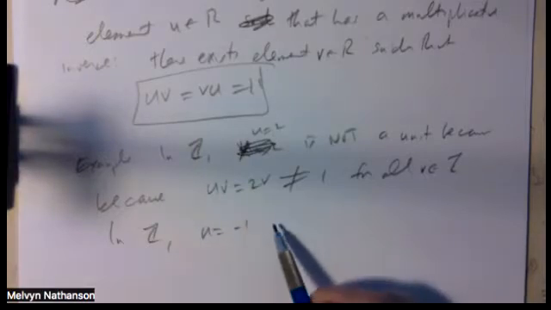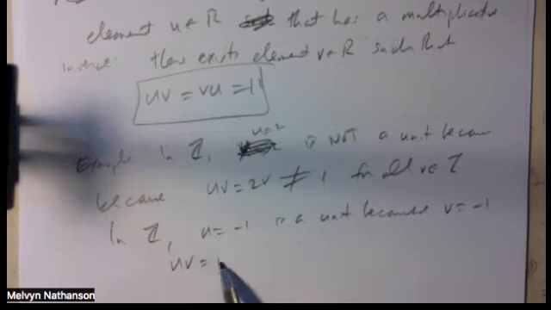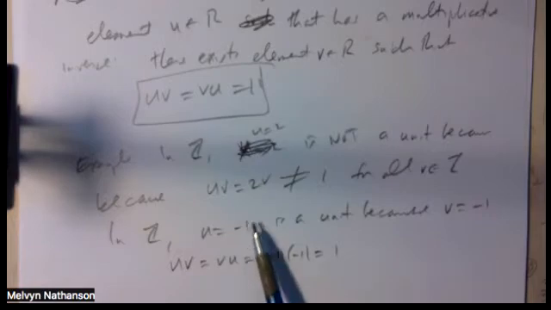On the other hand, in Z, U equal to -1 is a unit because if you let V be -1, UV and VU, this is -1 times -1, they're both equal to 1. So -1 is a unit, but 2 is not.